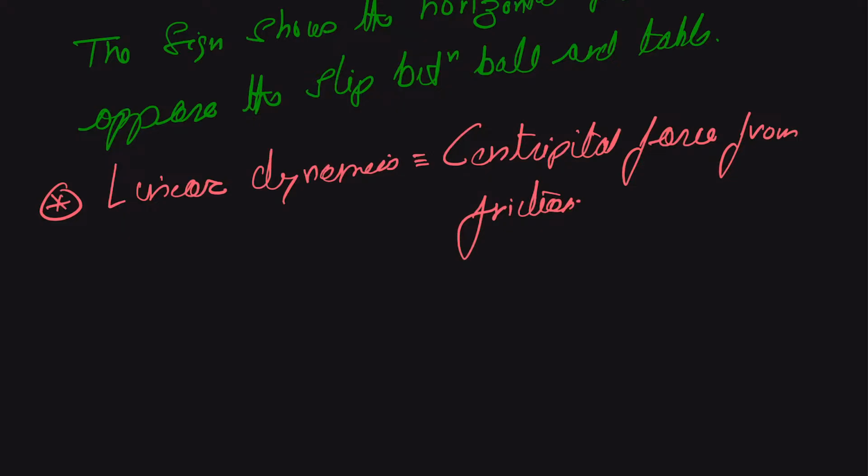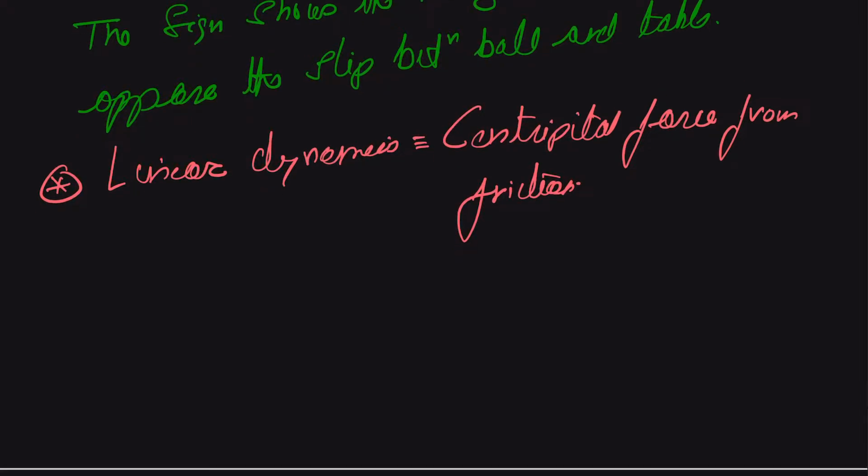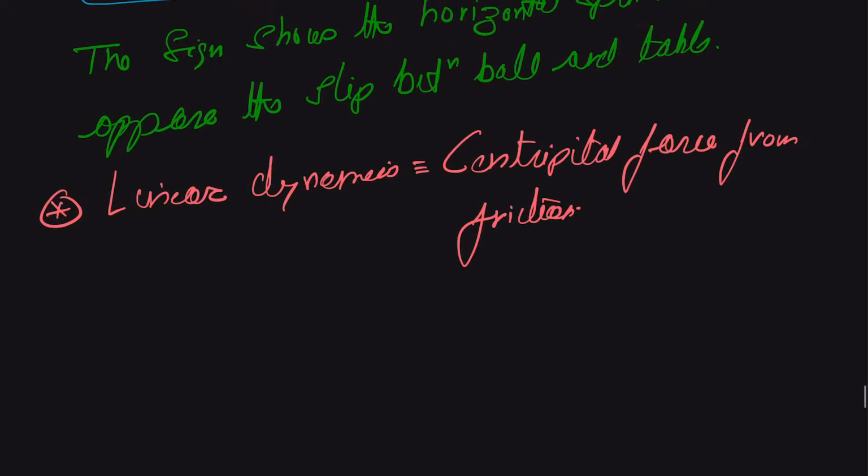And we have, this is our ball, and the radius is given as A, and the point of contact, so we are going to have a frictional force F, and this is the center of the ball.